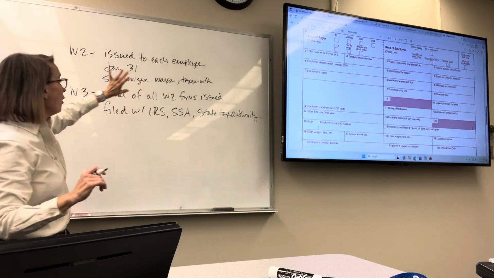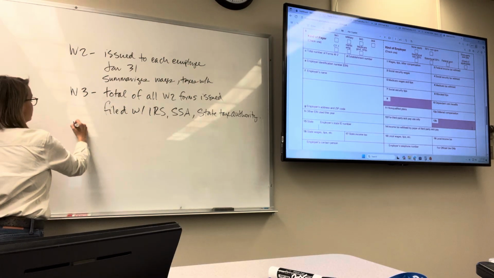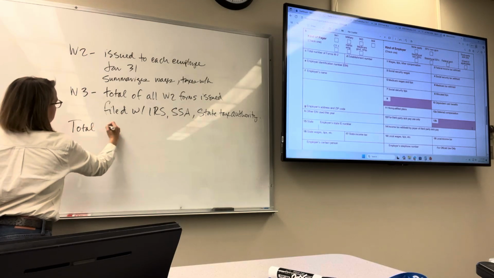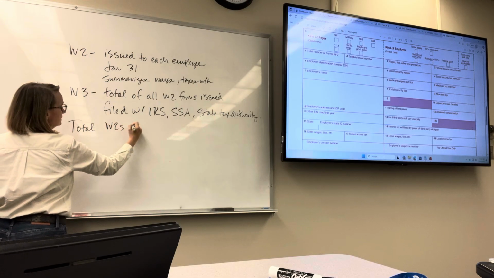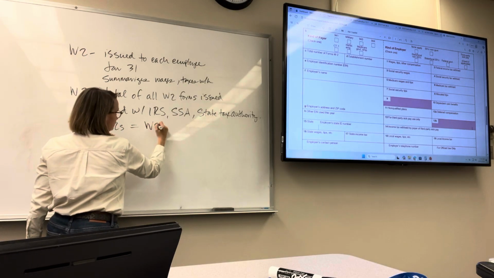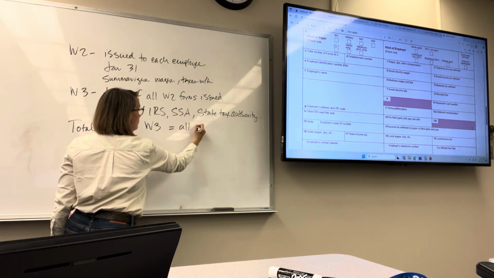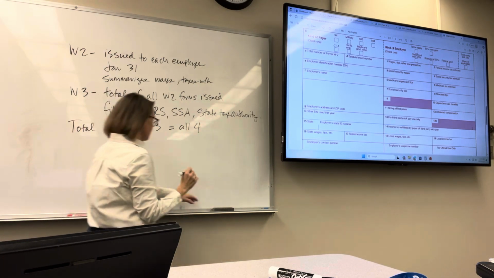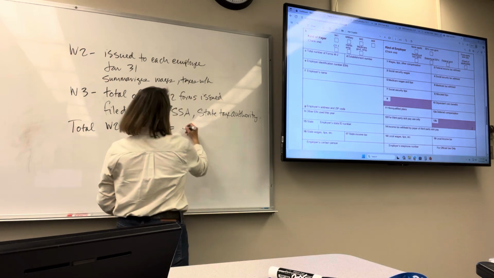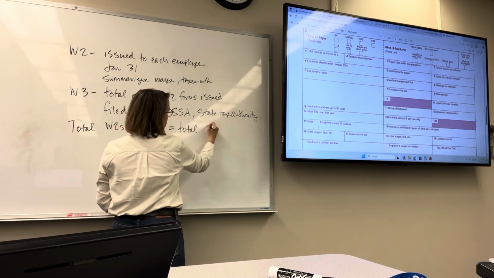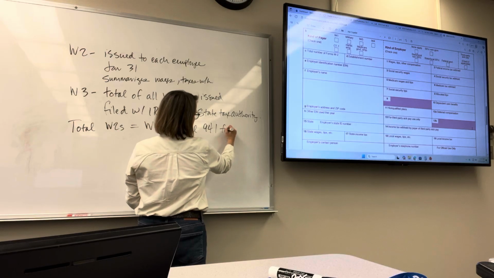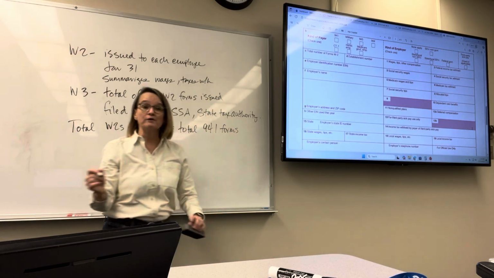Okay, so also the total of the W-3, so the total of W-2s equals W-3, also has to equal the total of all 4 of those 941 forms that were issued.